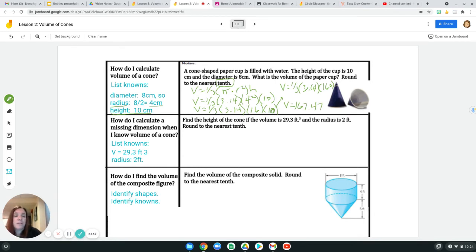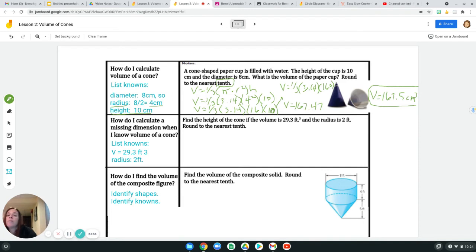And rounding to the nearest tenth, that would be 167 and 5 tenths centimeters cubed, because after the 4 is a 7, and that's bigger than 5.